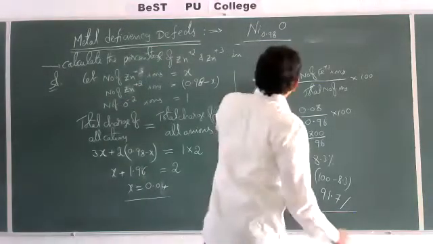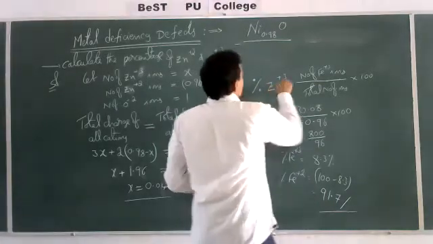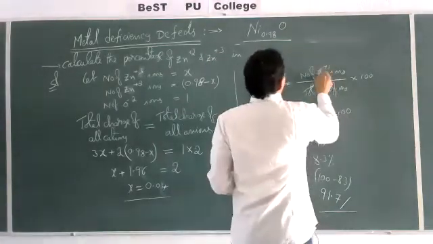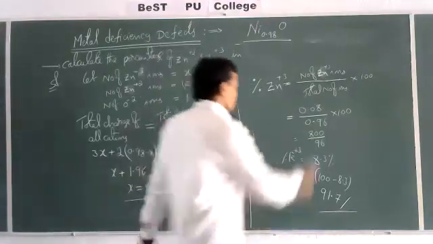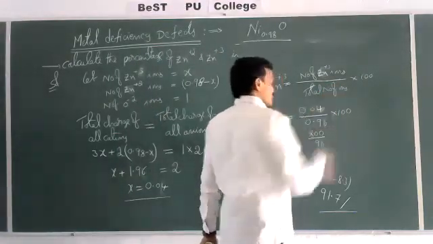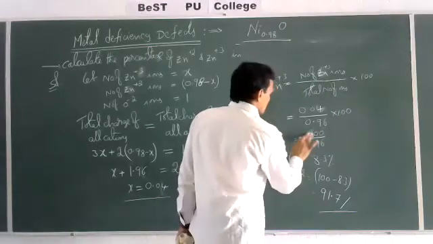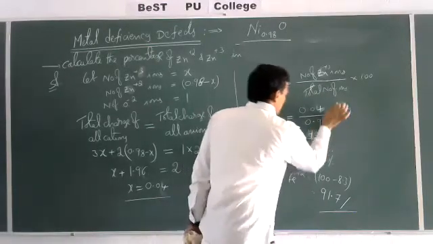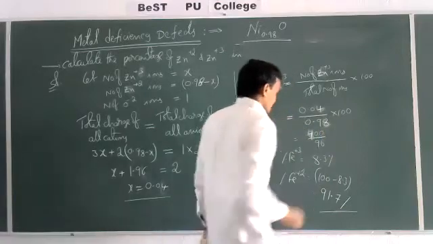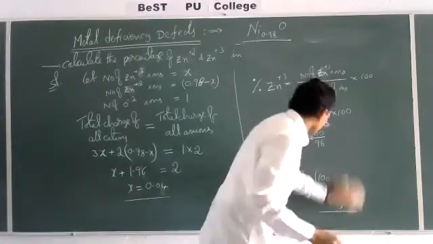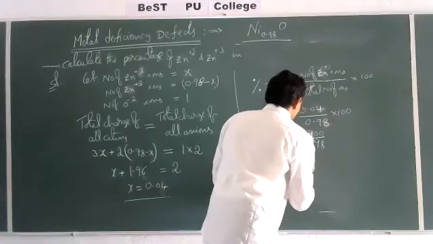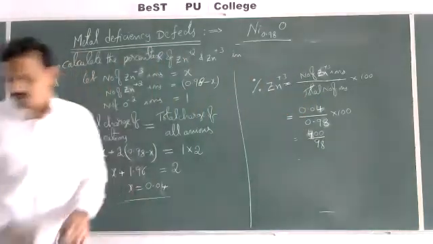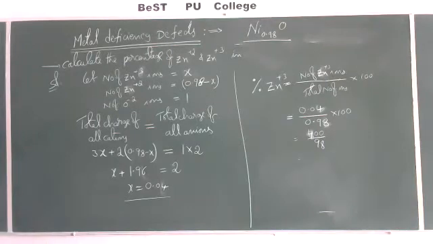Then the percentage of Ni plus 3 is equal to the number of Ni plus 3 ions by the total number of ions into 100. This is 0.04 over 0.98 into 100, which is nothing but 400 by 98. Just simplify that.